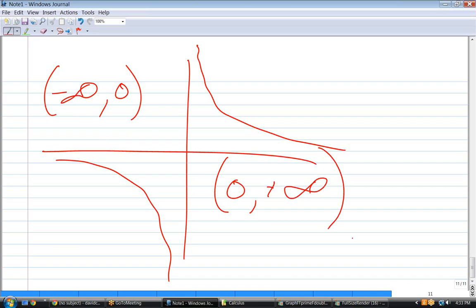You could not say that it's decreasing from negative infinity to positive infinity, because we have this vertical asymptote right there. It doesn't decrease across that asymptote. It just decreases up to it. Different than the straight line, which decreases everywhere. But in this hyperbolic function, it's two different intervals.